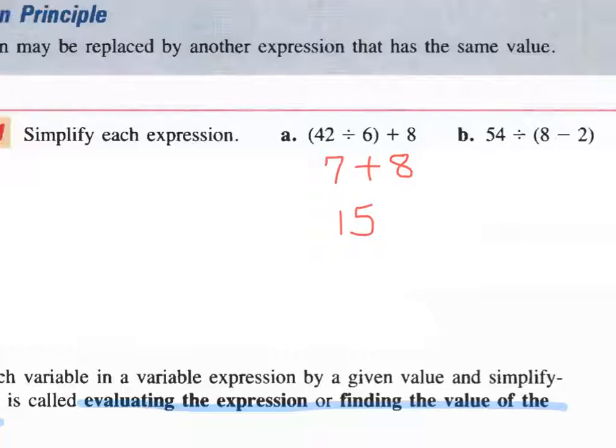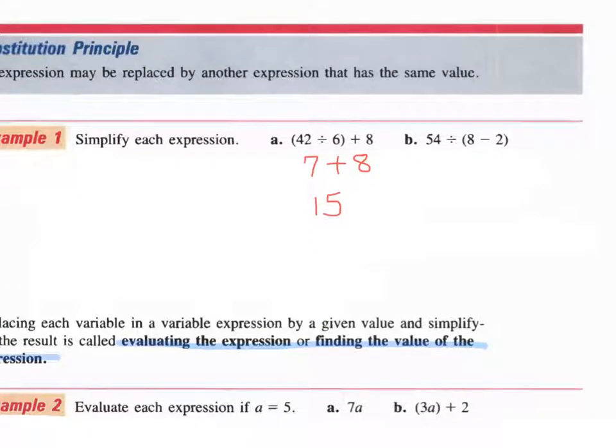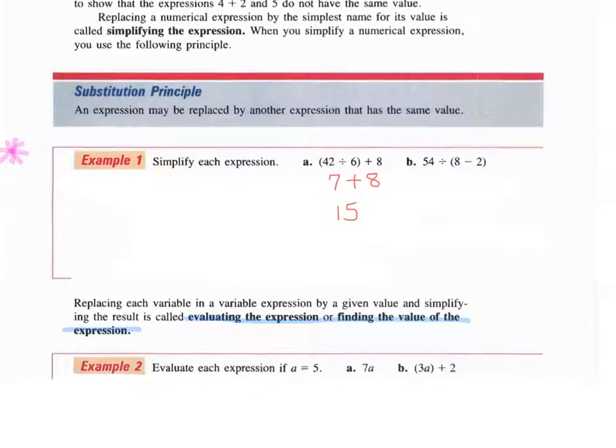Okay. On example B, this is evaluating the expression. So when I'm asked to evaluate it, I need to find the value of the expression. Sometimes it'll also say simplify. If it says simplify and you only have numbers, essentially we're evaluating here.